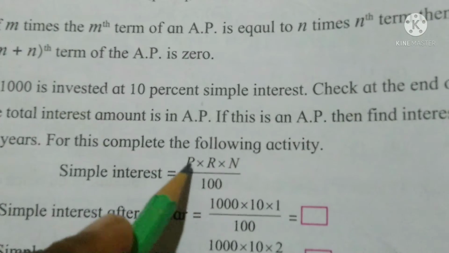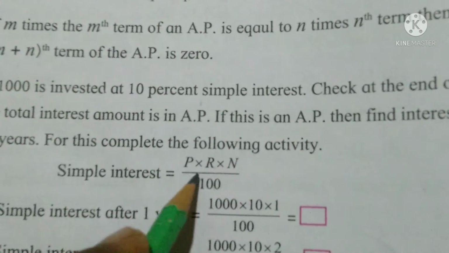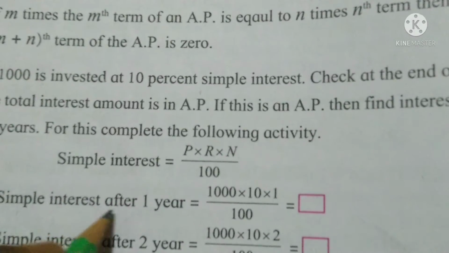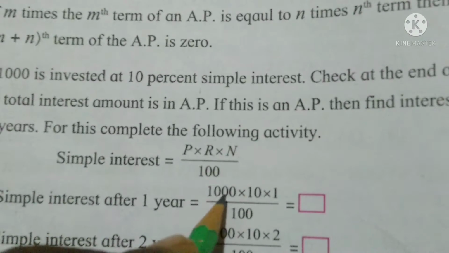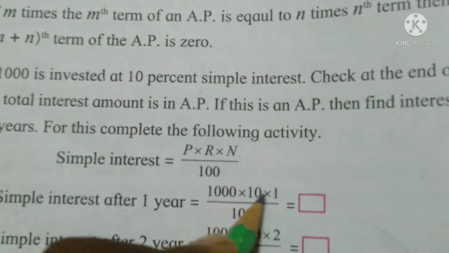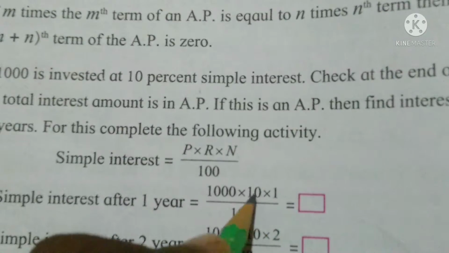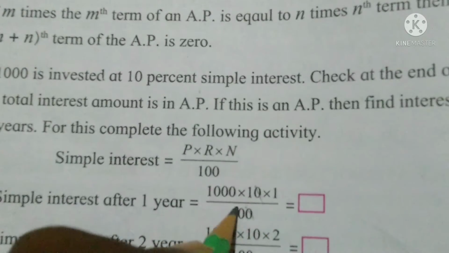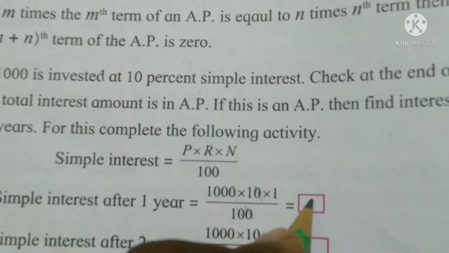Simple interest formula is P into N into R upon 100. Simple interest after 1 year is 1000 into 10 into 1 upon 100. So the 0s cancel, and here it is 100 rupees.